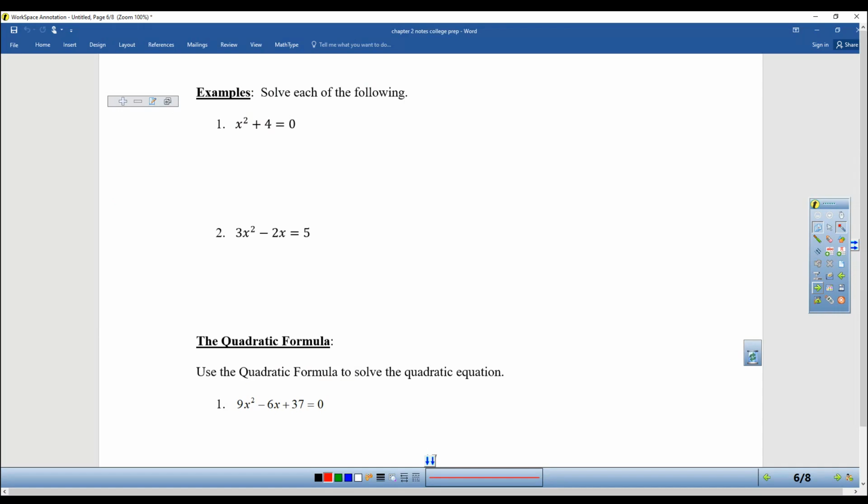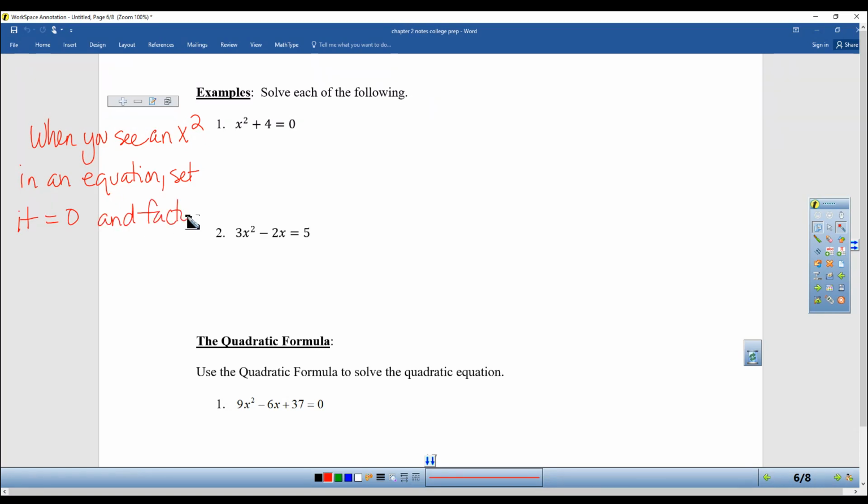Solve each of the following. So there's two kinds of solving with x squareds. When you see an x squared in an equation, set it equal to 0 and factor.